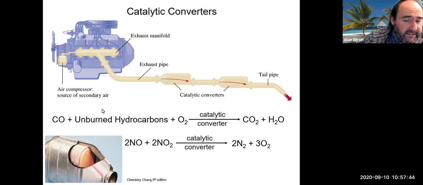One takes care of the carbon emissions, one takes care of the nitrous oxide conditions, and it only lets good stuff out of your tailpipe, which is why when you get a smog check, they probe what's coming out of the tailpipe of your car.